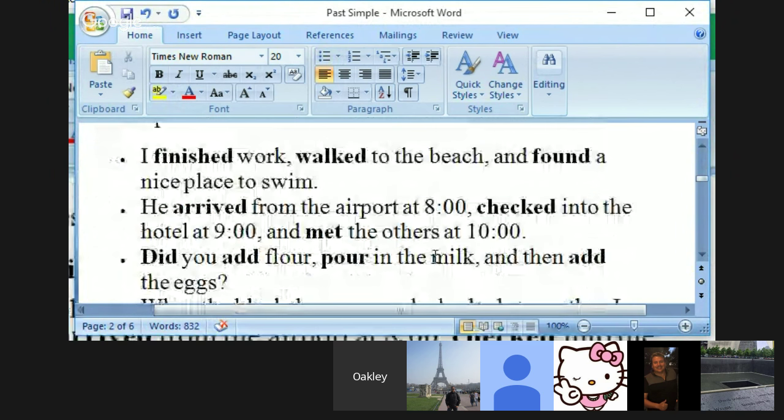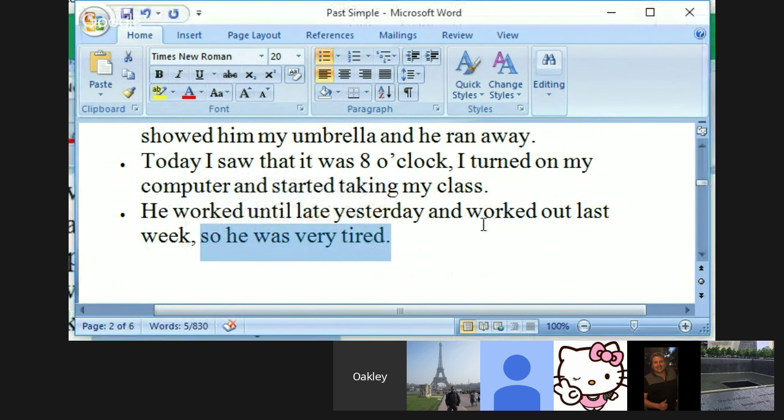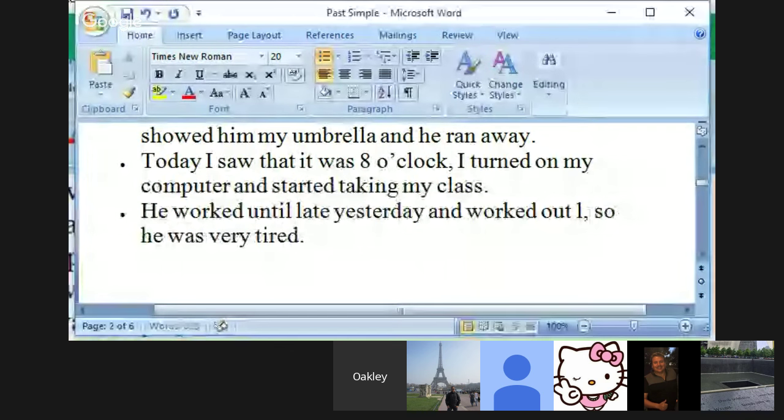So you could add that after by saying, instead of as well as, maybe so he was very tired. Now this would be okay to add to talk about a series of actions. But Marcus, first is going to be first. So instead of last week being second, that would have to be first.